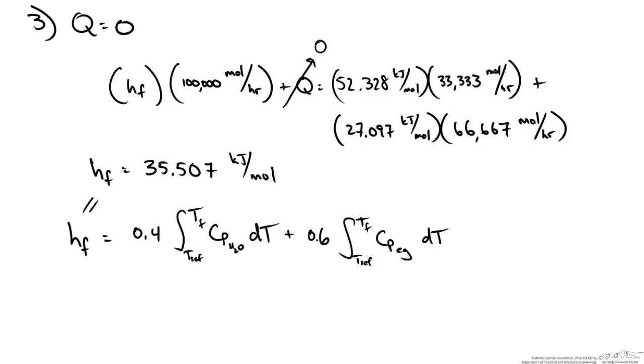And the best way I do this is, since I set everything up in Excel anyways, I could goal seek what this equation is giving me to equal 35.507 and determine what that final temperature must be. And when I goal seek this, I get a feed temperature of 155 degrees Celsius.